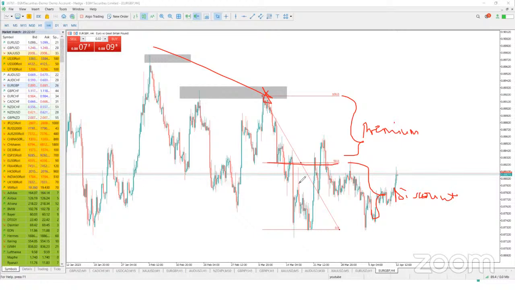There were other attempts for the price to react and move to the downside below the 50%, but it's not as strong mostly. Not all the times, but mostly not very strong. You find a strong move, a strong push starting from the premium side if you're on a downtrend. So let me remove these drawings.